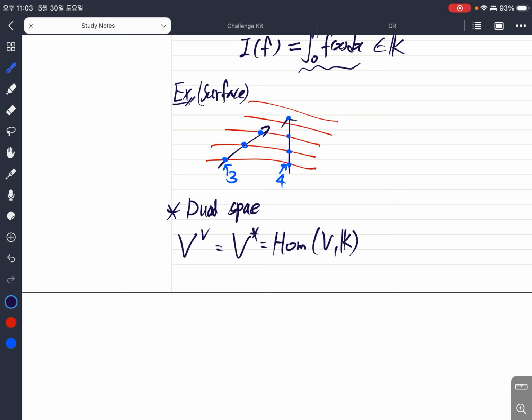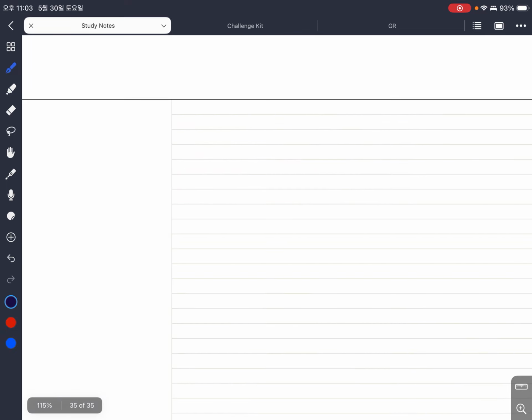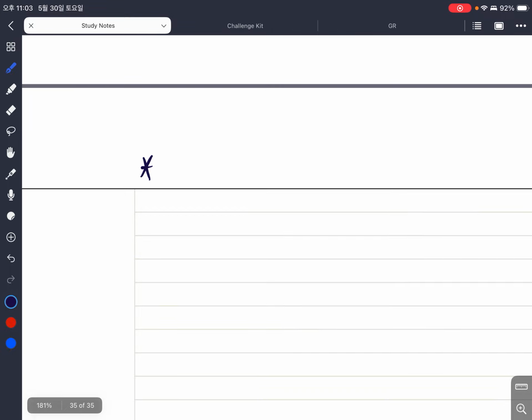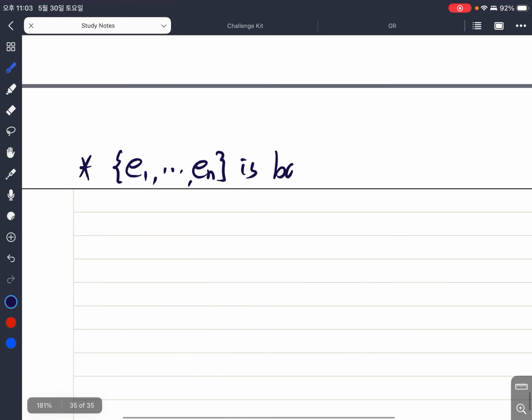And with this, you can have a special map. Let us write, called dual map or dual basis. But let me explain first. Let us assume you have e1 to en, and this is a basis for some vector space V. V is a K vector space.